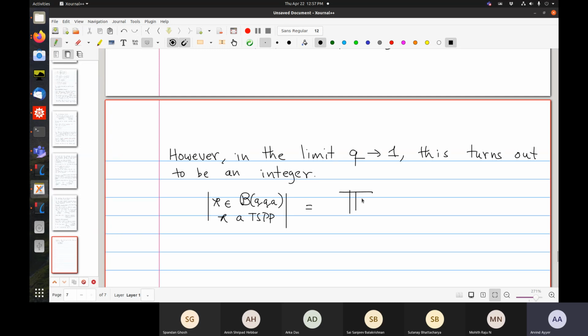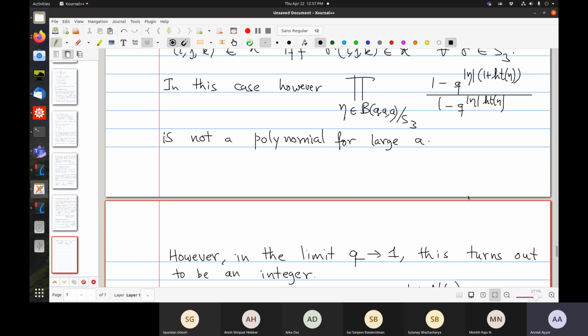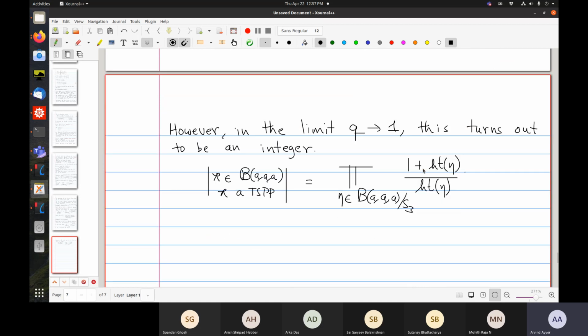This is the product over eta in B(A,A,A) mod S3 of 1 plus height eta. So if you take the limit, you do your usual L'Hopital business, the |eta| factor will cancel. So it does not depend on the cardinality. You just get this.